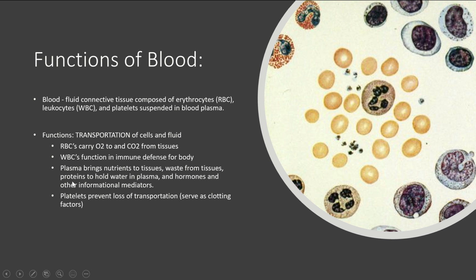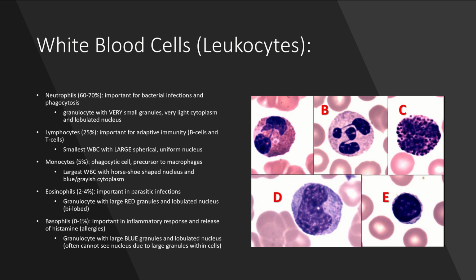Things like proteins, stuff like that, hormones from your endocrine system, informational mediators, so cytokines, any kind of thing like that is going to end up in your plasma, and so that's how it's going to be transported throughout your body. Okay, and then you do also have platelets. So those are those little chunks of cells, basically, and those are going to help with clotting. Okay, so the formation of scabs, the formation of those crusts whenever you start actively bleeding.